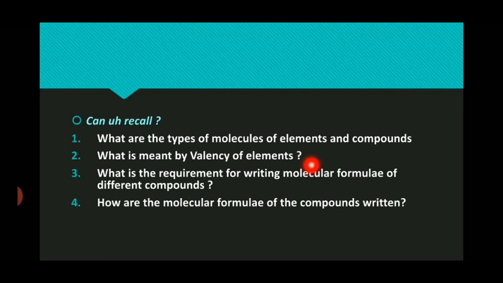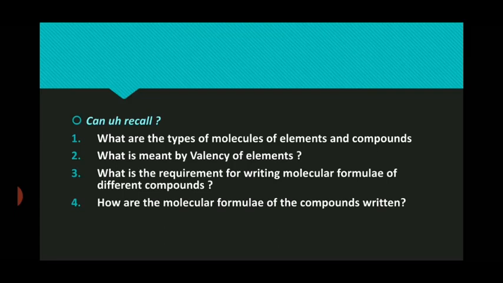For example, carbon and hydrogen. Carbon is attached with 4 hydrogen atoms, and carbon's valency is 4, and hydrogen's valency is 1. If we combine them, we get methane, that is CH4.